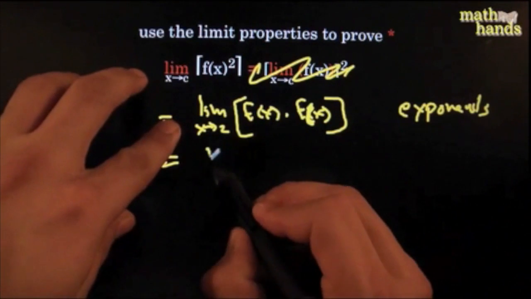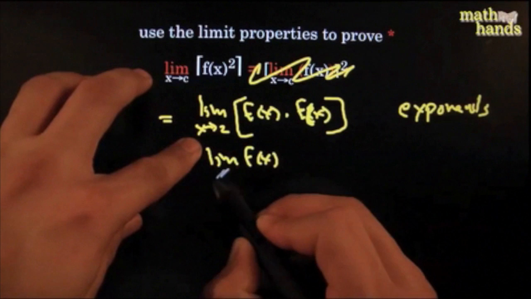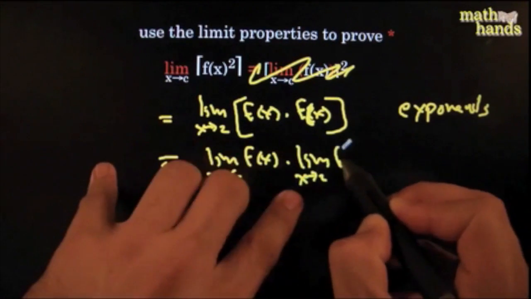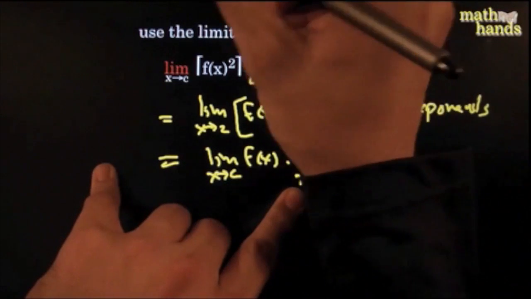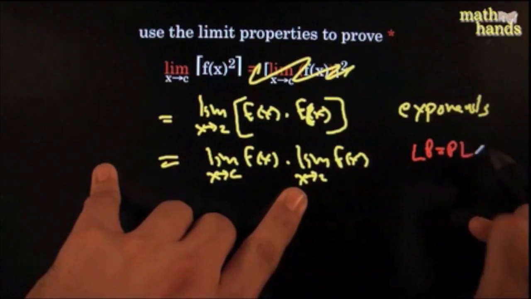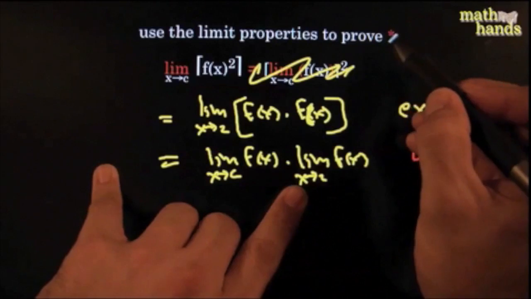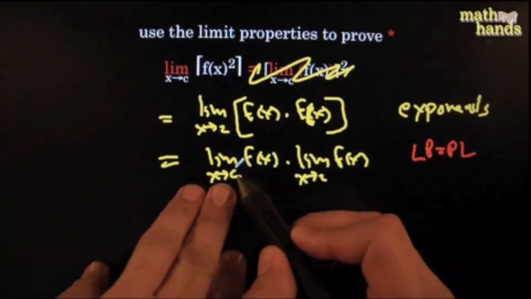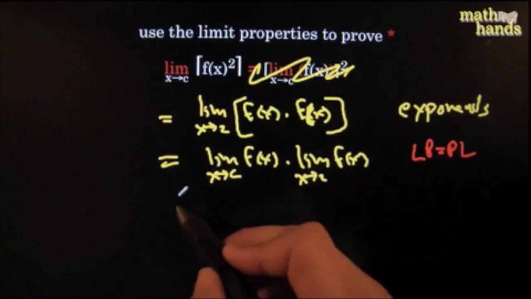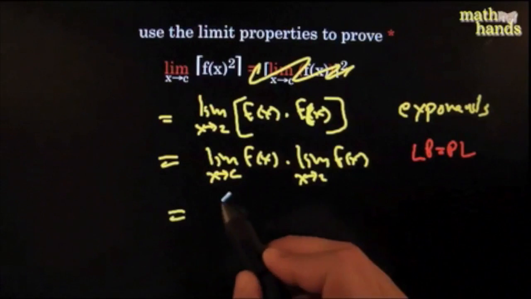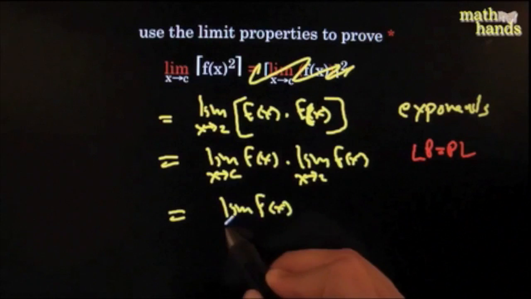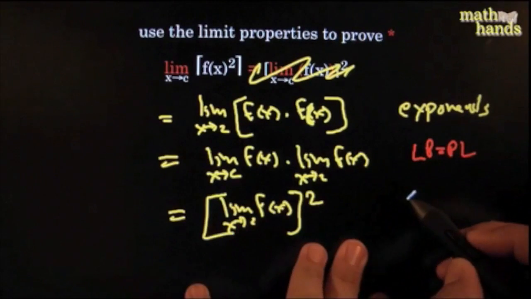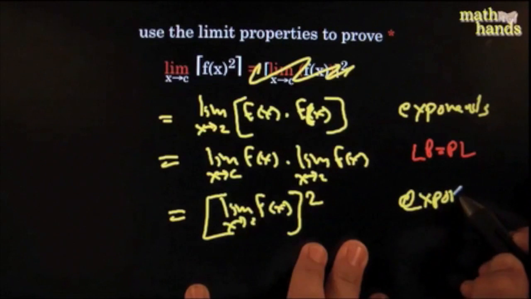And at this point I use the limit of f of x as x goes to c times the limit as x goes to c of f of x, and that I'm using the limit of the product is equal to the product of the limits, and I'm using it correctly because I'm assuming that each of them exists and is finite. Otherwise this whole thing doesn't work. And then of course you have the limit of f of x, times the limit of f of x, that's the same thing as saying the limit of f of x as x goes to c, squared, because I've written it 2 times, and so that's just by the definition of exponents.